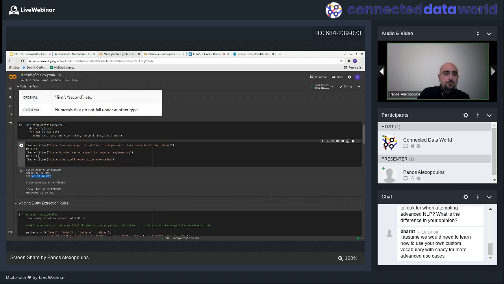From the second text, it identified Steve Wozniak correctly, and from the third one, it found Steve Jobs as a person and Mercedes as an organization. Right. So this is what we get from just the existing functionality of spaCy.